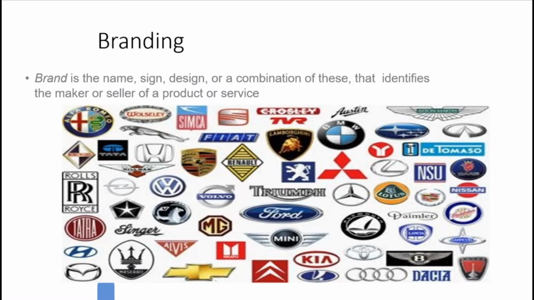Brand equity is the positive differential effect that knowing the brand has on customer responses to the product or service. A brand with a strong brand equity is a very valuable asset. Brand value is the total financial value of a brand. So that's why we pay a lot of resources to the brands when it comes to branding.